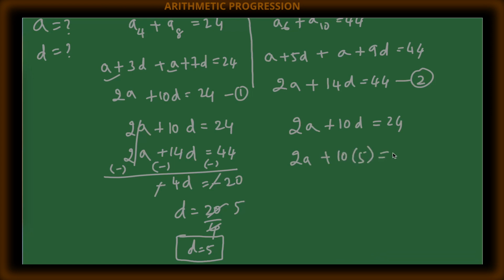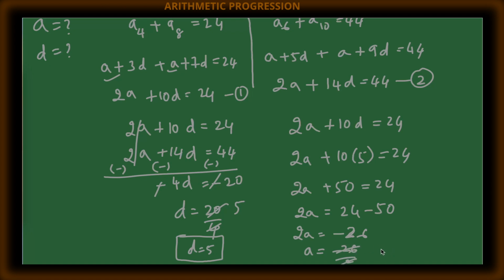D is 5, so 2A plus 50 is equal to 24. 2A is 24 minus 50, so 2A is minus 26. So A is equal to minus 26 by 2. 2 thirteens are 26, so minus 13. So A is given as A is equal to minus 13.